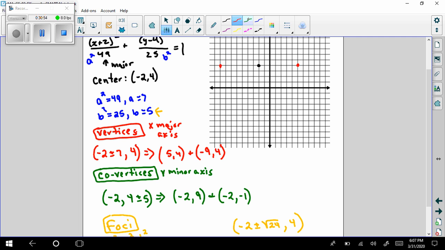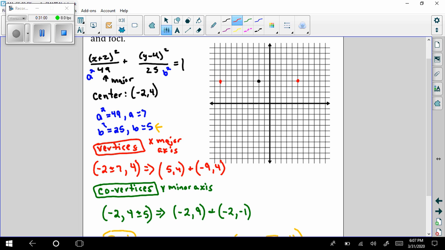I have co-vertices at -2, 9, right here. I should be in green. And -2, -1.